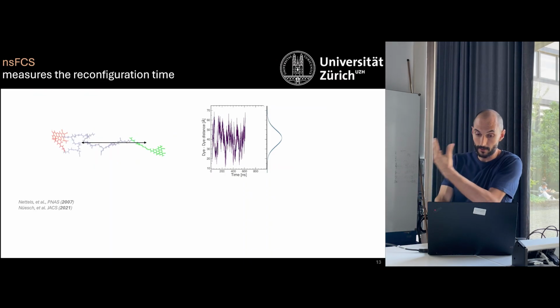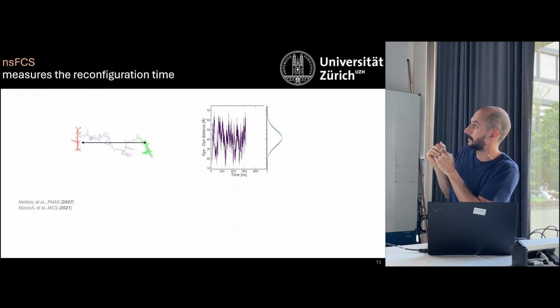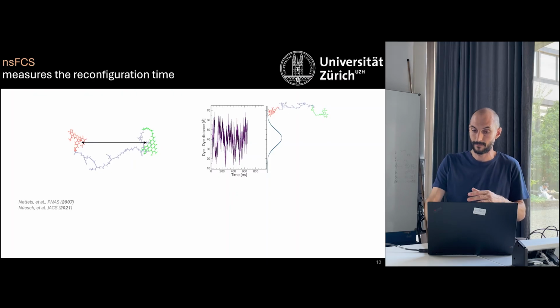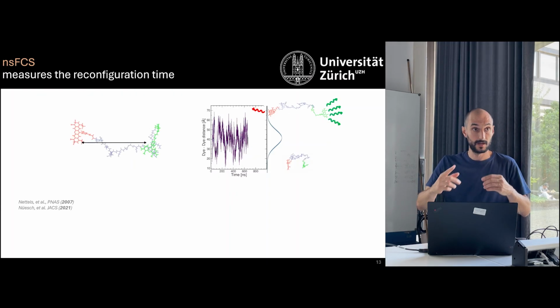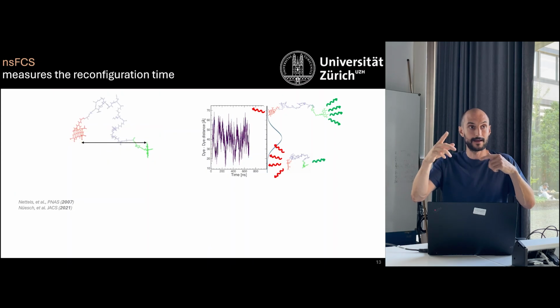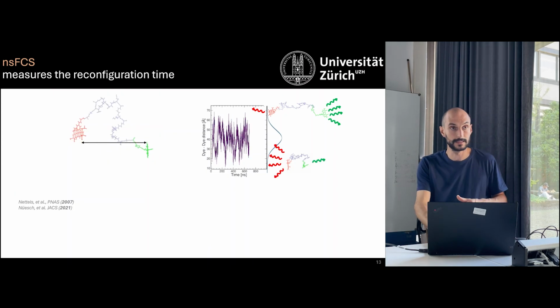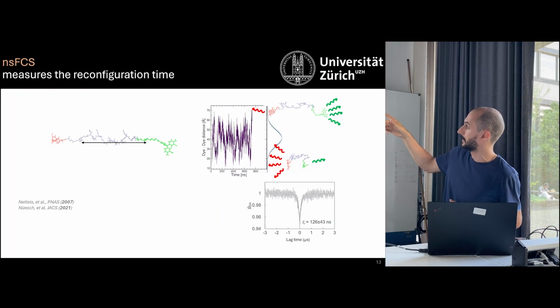Clearly we don't have this dye-dye distance exactly, this is from a simulation, but we measure photons from expanded conformations and from compact conformations. So the photon arrivals change in relative ratio between green and red photons, and we can correlate them and obtain plots that look like these.